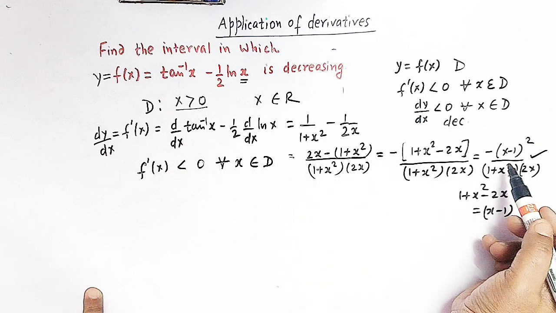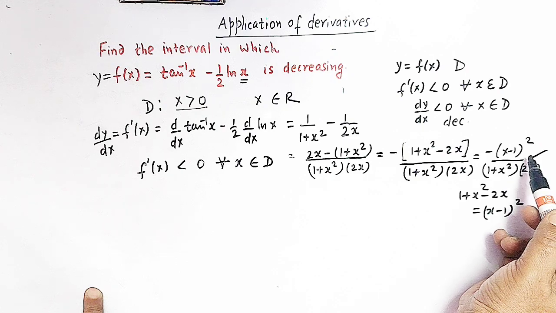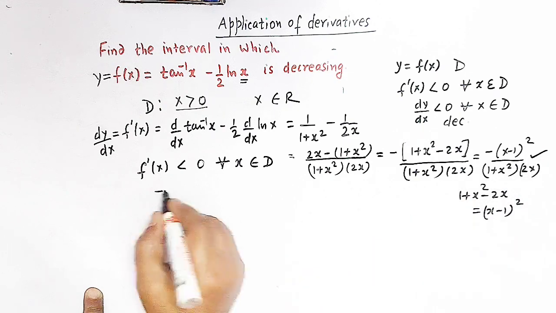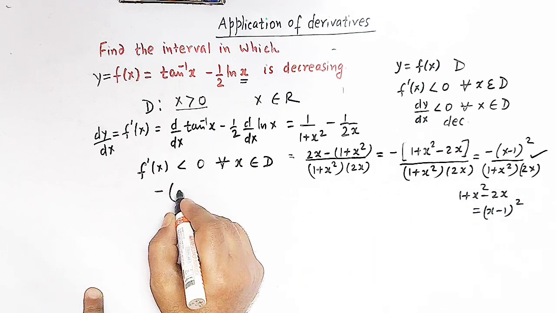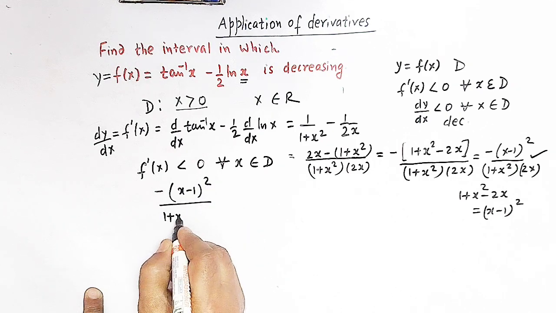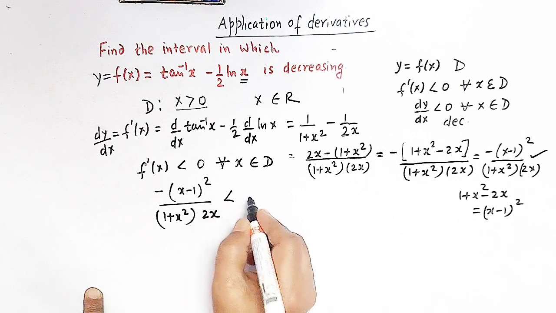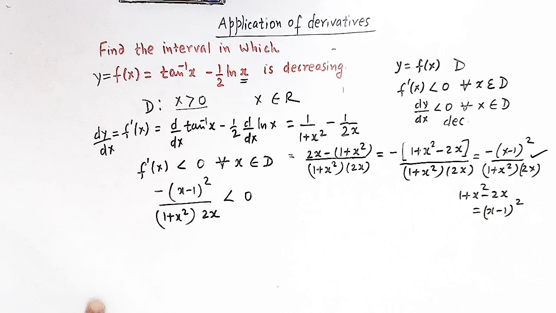So here this expression should be less than 0. So we should write here minus x minus 1 square, and here we have 1 plus x square, and here we have 2x, and this should be less than 0.